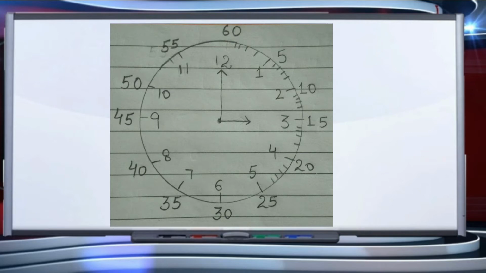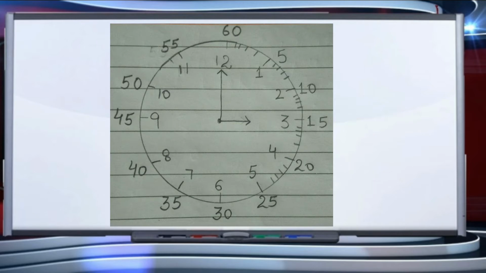That means when a minute hand moves from one digit to another digit, it will cover 5 minutes. That is 0 to 5, 5 to 10, 10 to 15, 15 to 20, 20 to 25.